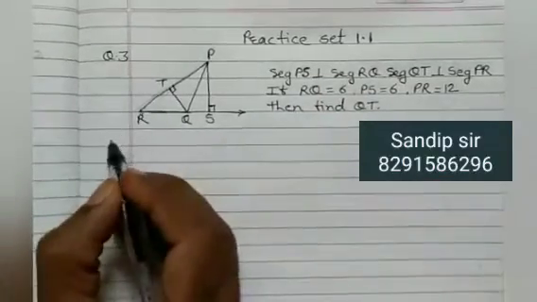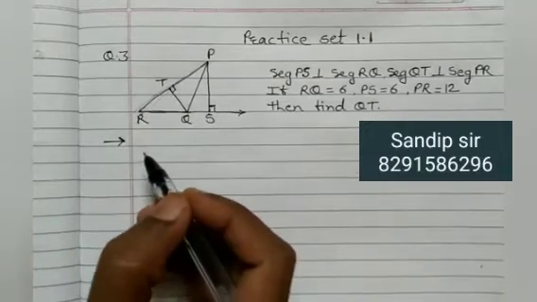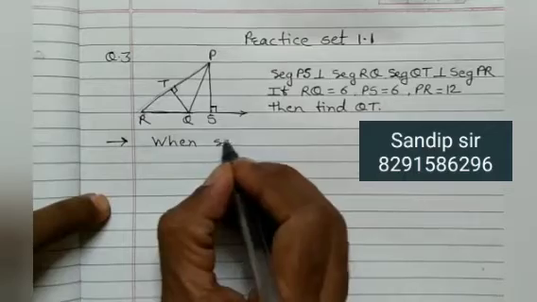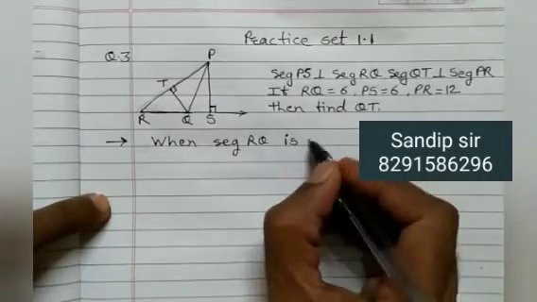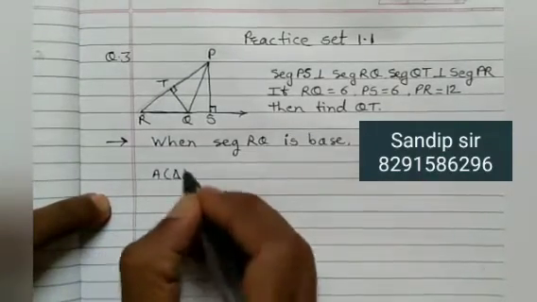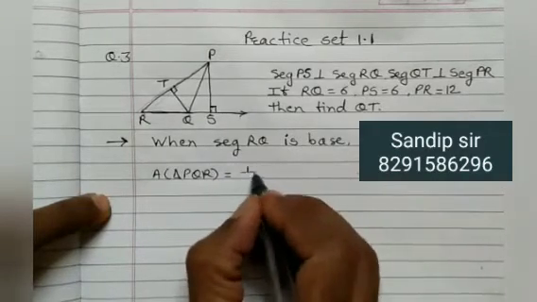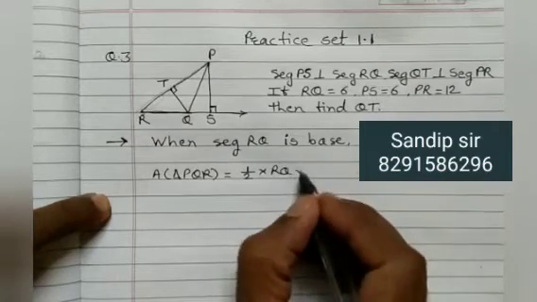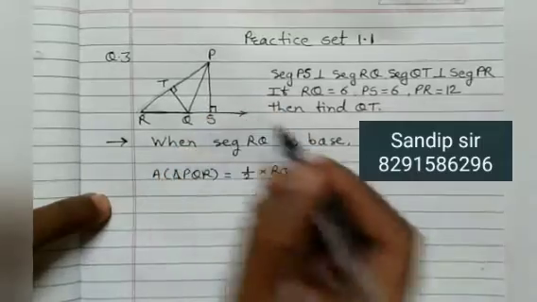So here we take the triangle with two different bases. When segment RQ is base, area of triangle PQR is equal to half into base RQ. And what is the height? If the base is RQ, height is PS.